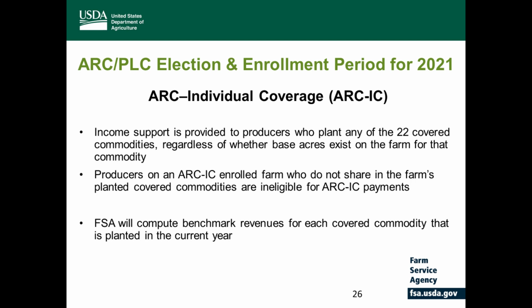FSA will compute benchmark revenues for each covered commodity that is planted in the current crop year. So say you have an ARC IC election for 2021 and you plant only corn for 2021, your ARC IC revenues will be calculated on only corn.